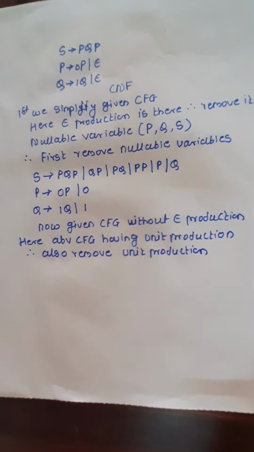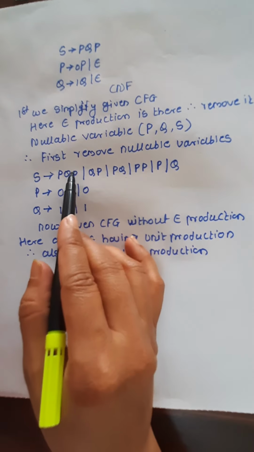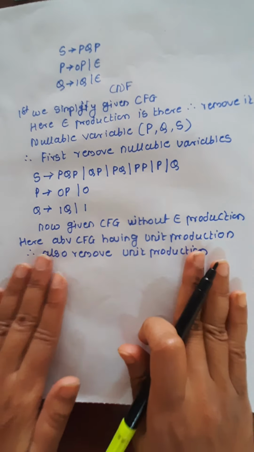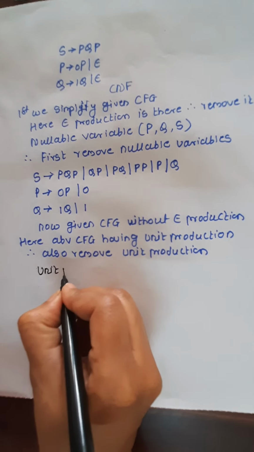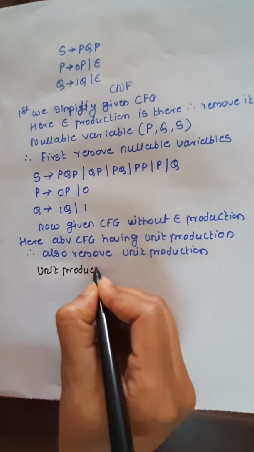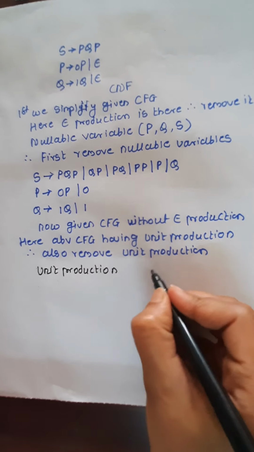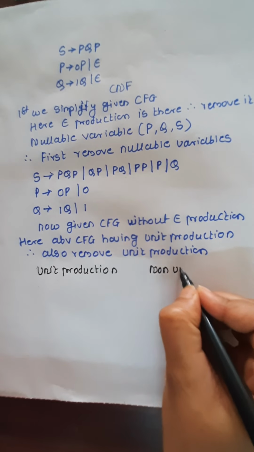Clear everyone? So the removal of the unit production is again very easy. What to do first? First, from the given grammar you have to make two columns. What? The first column is the unit production and the second column is the non-unit production.